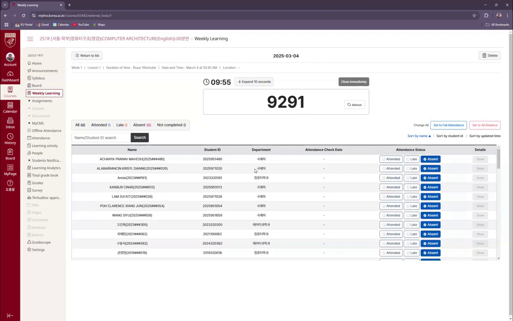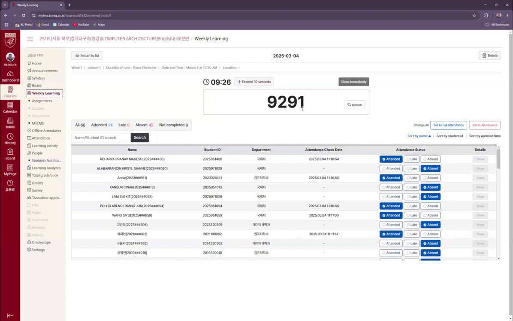I don't know how the students check this attendance, but I believe you received a notification from LMS. So please install the mobile LMS app on your smartphones, right? And then I believe this is the attendance check code. So try to check your attendance. Okay, so attended.